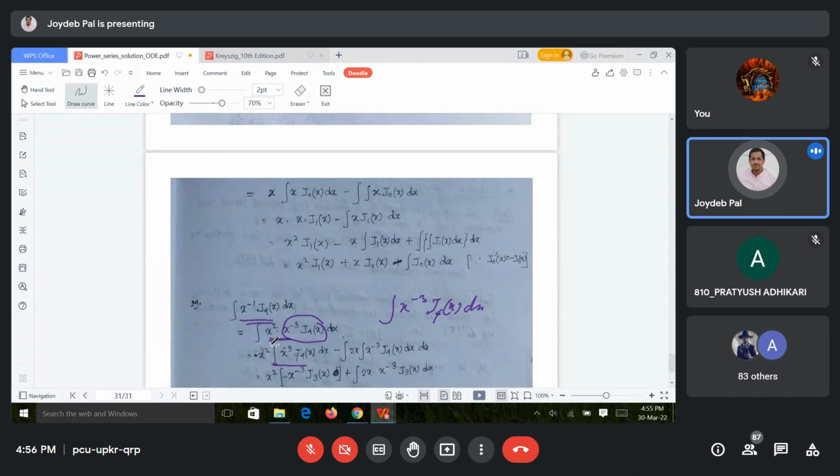After that we have done by parts, and we are getting the integration of x to the power minus 3 J4 x, and it is, as I told, minus x to the power minus 3 J3. We are substituting, and similarly for the other one.